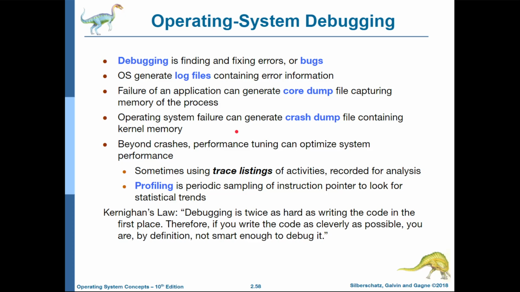So this is done many different ways. Probably the most common way is actually to perform debugging by viewing the operating system logs that are created. There are actually lots of different logs.